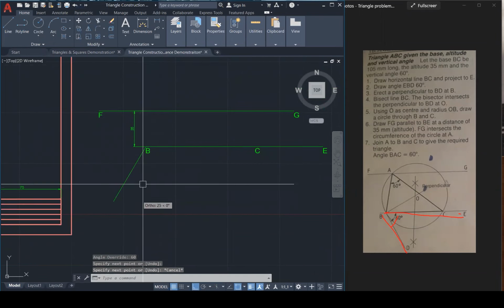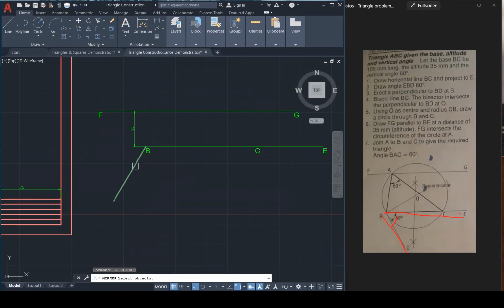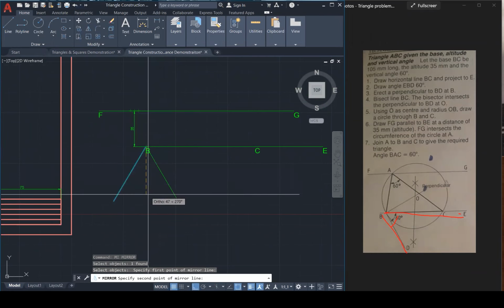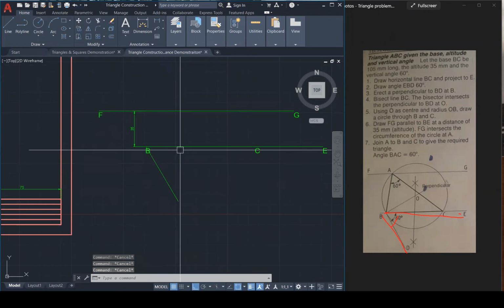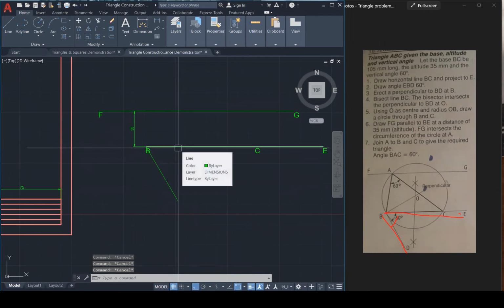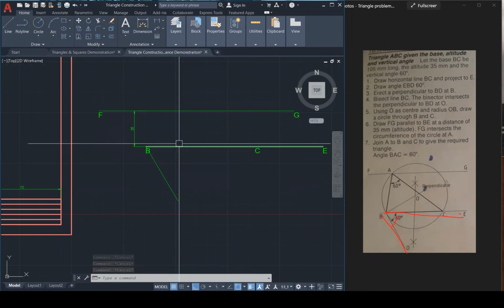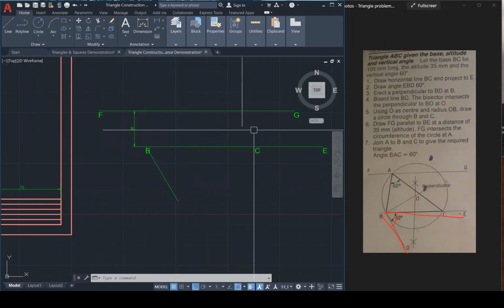I'll put it in this direction, so you just have to mirror it once. Erase, so yeah. So that's my 60 degrees there. Now, what they're saying is after that, let's clear it. Yeah, I'll clear that. And let's go again now to read this.